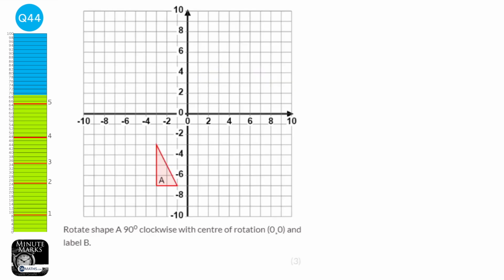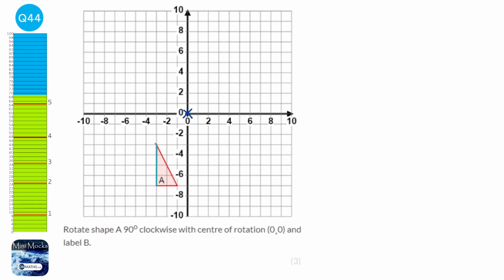So we're asked to rotate the triangle A 90 degrees clockwise and the centre of rotation at 0, 0. So we're going to first of all just show where the centre of rotation is, which is at our origin. And what you do is you get tracing paper, trace out the triangle, and rest your pen or pencil at 0, 0. So I'm just going to draw it out.